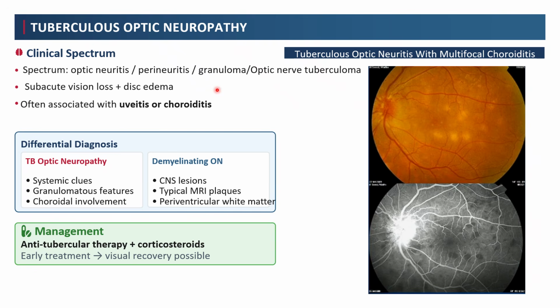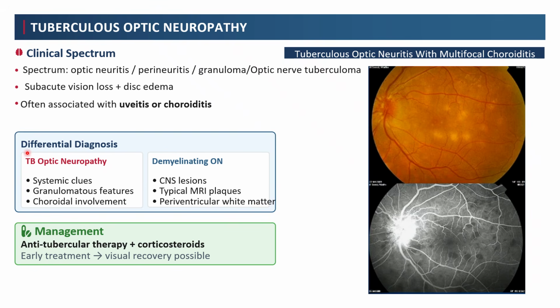That's why tuberculosis of the eye is one of the great mimickers or masquerade syndromes that can mimic many other diseases. For example, this scenario can mimic demyelinating disorders. So you should differentiate it from demyelinating disorders by doing the needed investigations, where you find the typical plaques seen in multiple sclerosis in the periventricular white matter, around the periventricles.